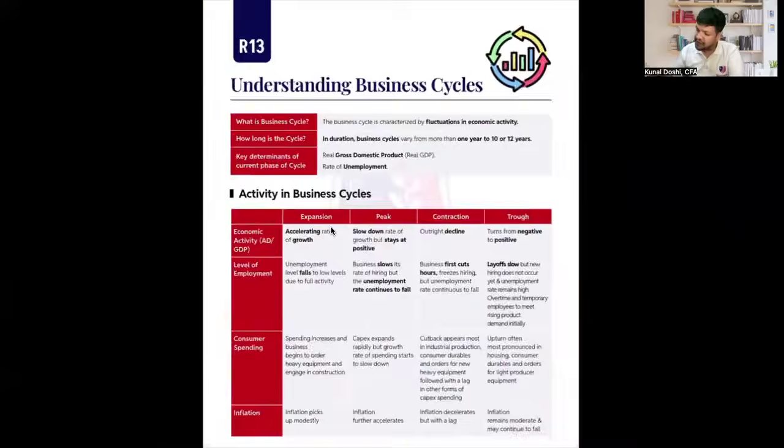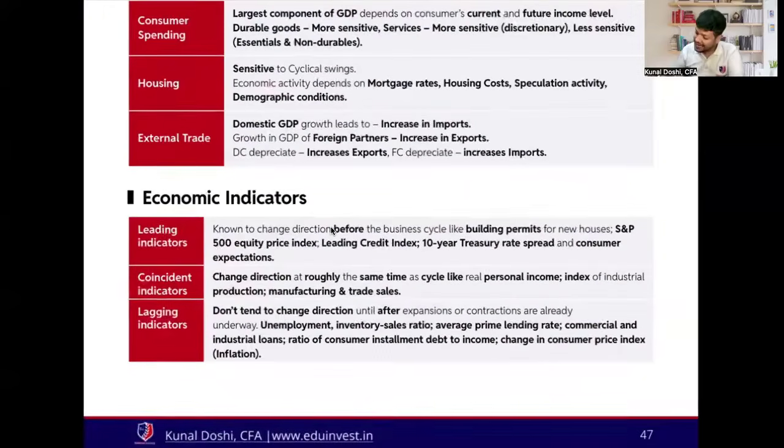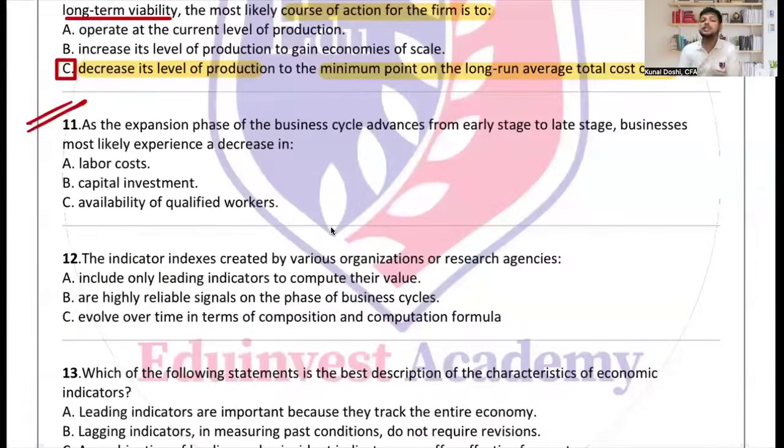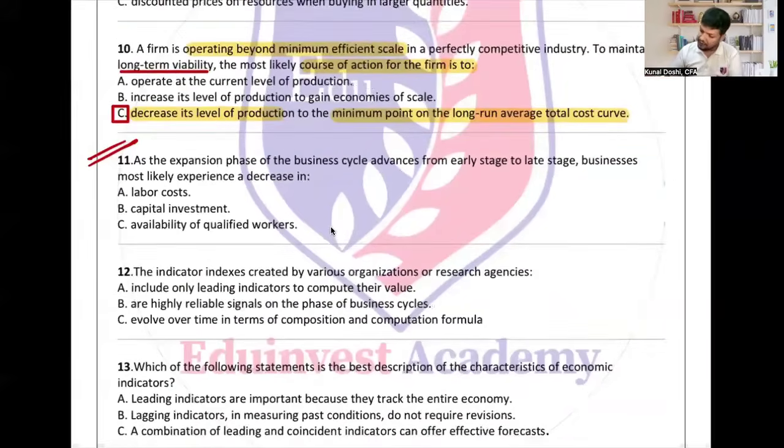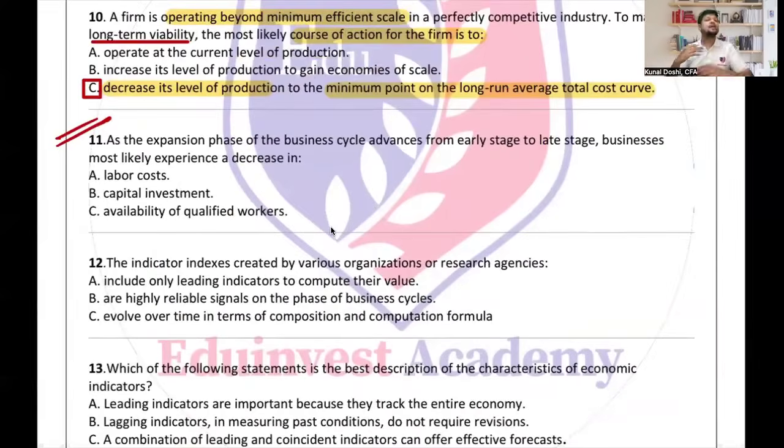There are three types of indicators: leading, lagging, and coincident. So many students get confused because of these types of indicators. Leading indicators give you a signal beforehand. Lagging indicators give you the signals late, after the things have happened. And coincident is roughly at the same time.